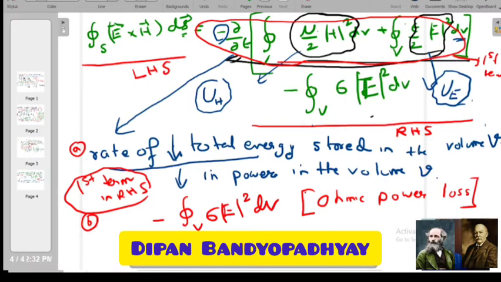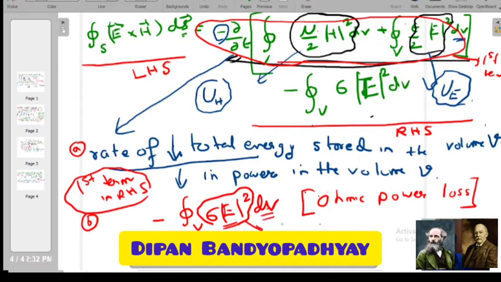So I will explain this more. This term sigma E square dV, you can see this should be some, say, energy per unit volume, because here you have a volume multiplied.